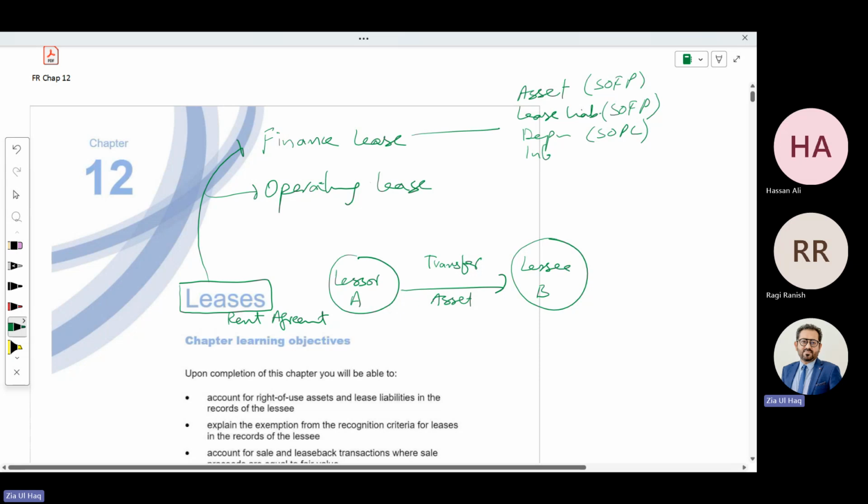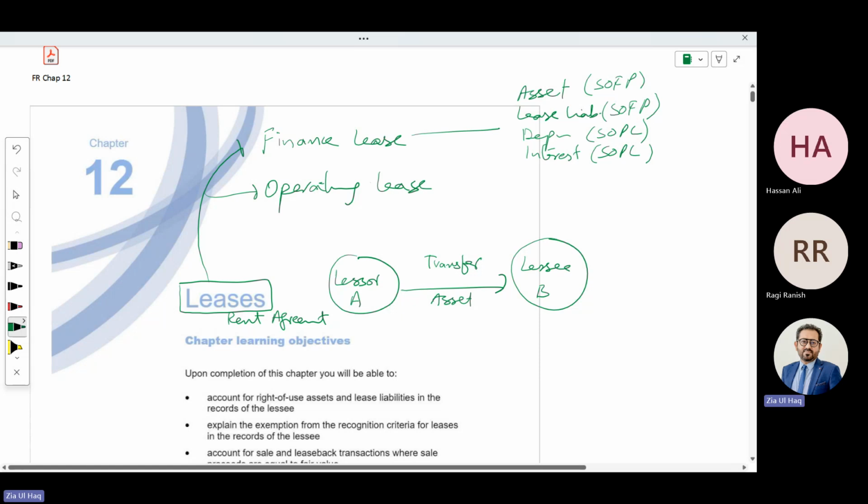And we need to record interest in the statement of profit and loss. In case of finance lease, there are 4 accountings that we need to make in our book. Whose book? The lessee's. We need to record the asset, record the lease liability, depreciate the asset over its useful life, charging depreciation expense to the profit and loss account, and record interest in the profit and loss account.